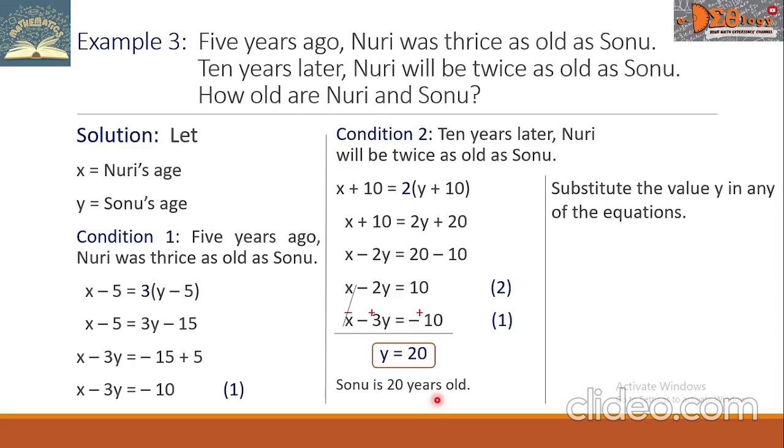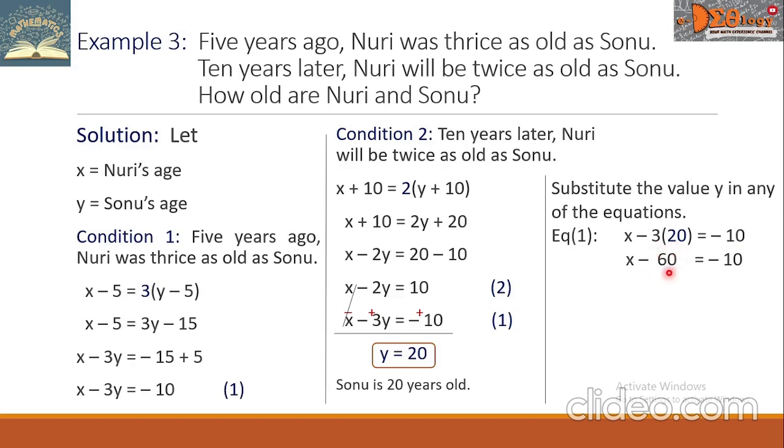Let us substitute the value of y in any of the equations. Let's say the first equation, x minus 3y equals negative 10. So we substitute it here. x minus 3 times 20 equals negative 10. Negative 3 times 20 is negative 60.